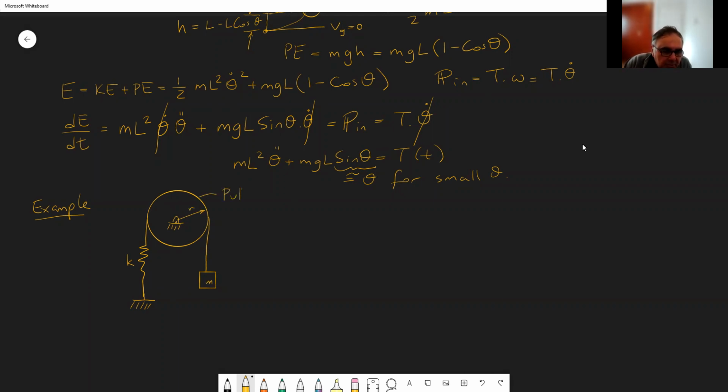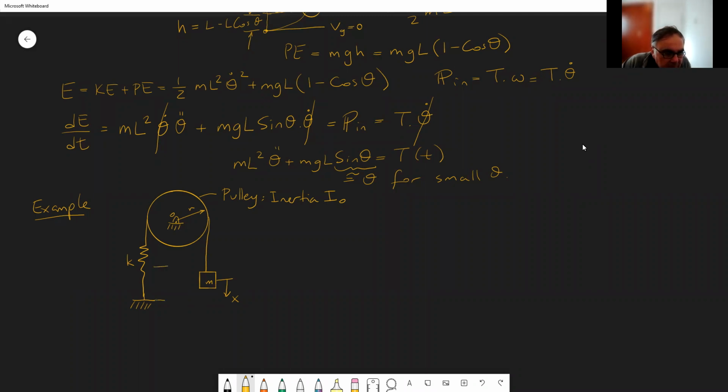This is a pulley of inertia I naught. Let's say that this mass moves with a deflection of x. Now for the spring, this is a little bit complicated.